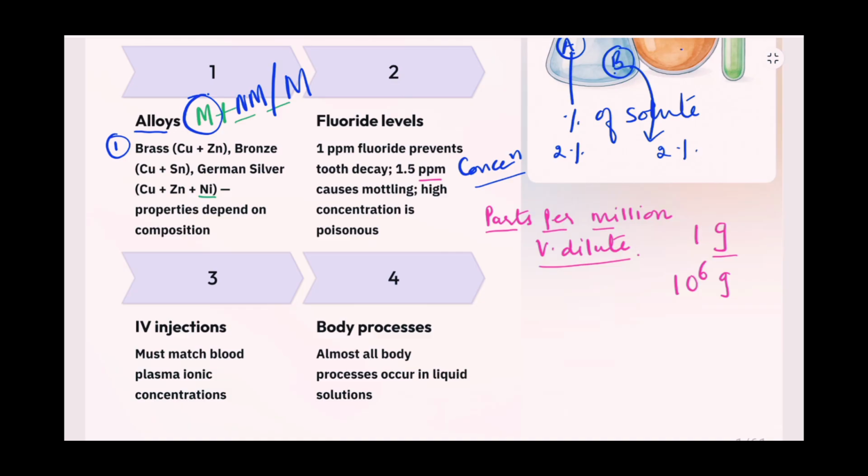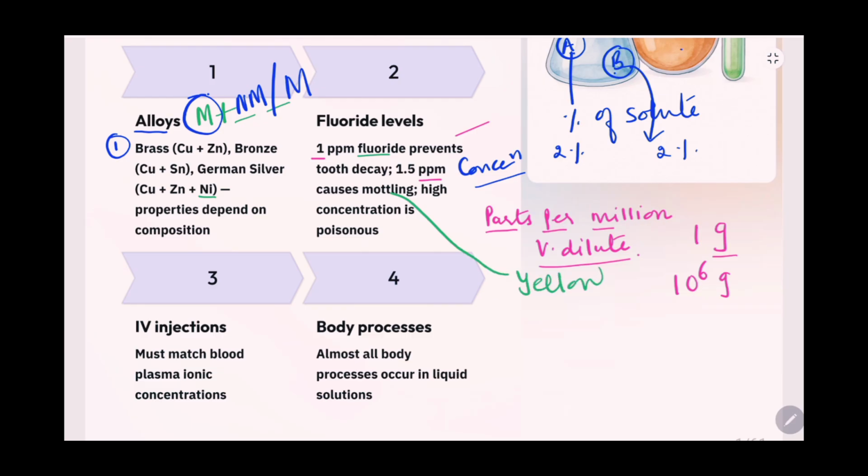The best example taken over here is toothpaste, where there is fluoride, and they also talk about what happens if the concentration is 1 ppm. It is good for our teeth, it prevents tooth decay. But if the concentration goes beyond 1 and reaches 1.5 ppm, it can cause mottling of teeth, which means the teeth become yellow.